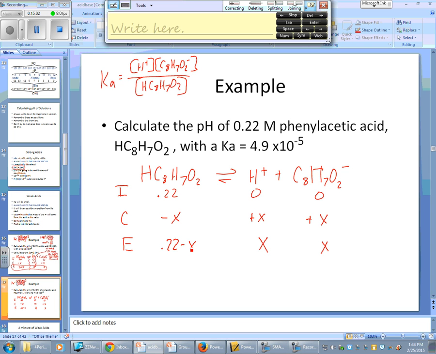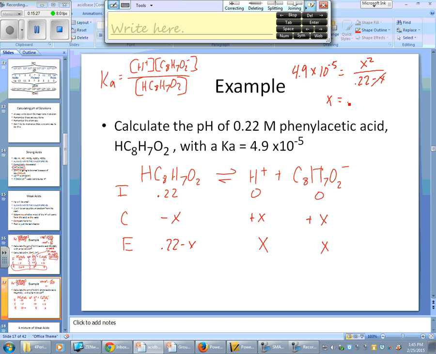Then we're going to plug that into our Ka. Ka is pretty small, so I can do that simplifying. And so that's going to be x squared, because hydrogen and the phenylacetate ions are the same, over 0.22 minus x. Again, x in relationship to 0.22 is going to be too small to really make a difference, so we're just going to cross that out and simplify.